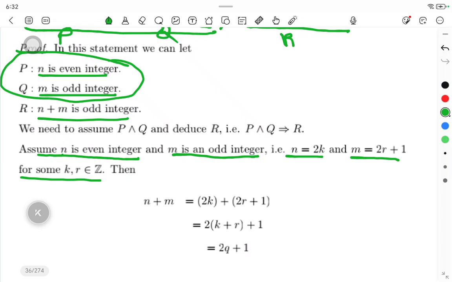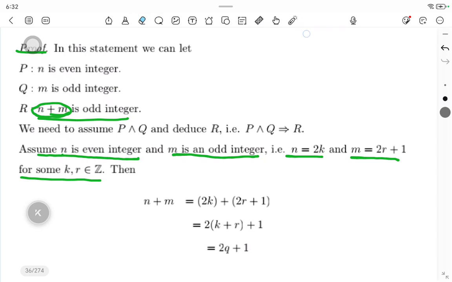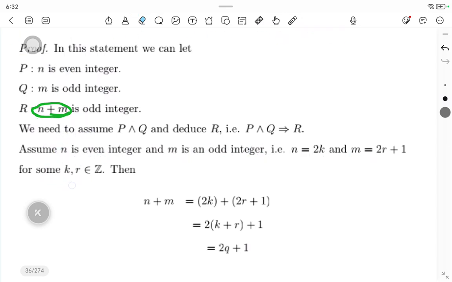After saying then, we take our conclusion. Let me erase the other ones so they don't confuse you. After writing then, we take the conclusion, which is n plus m. Then I plug them in: 2k plus 2r plus 1. Then I simplify.